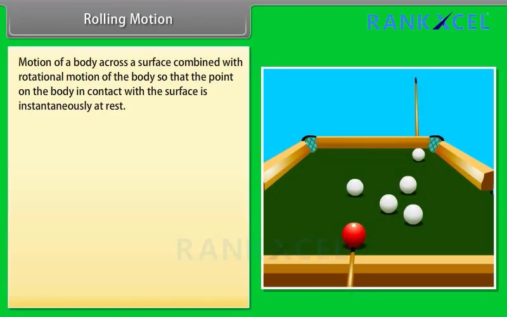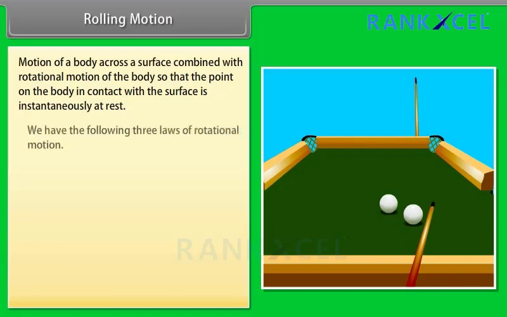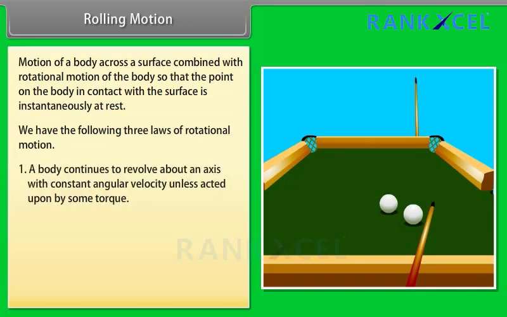Rolling motion. Motion of a body across a surface combined with rotational motion of the body so that the point on the body in contact with the surface is instantaneously at rest. We have the following three laws of rotational motion. Number 1. A body continues to revolve about an axis with constant angular velocity unless acted upon by some torque.